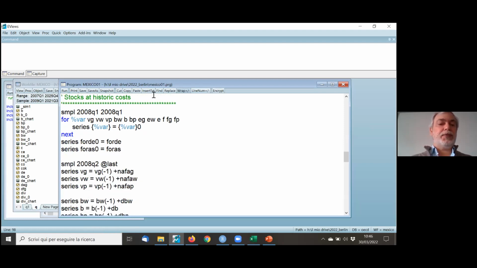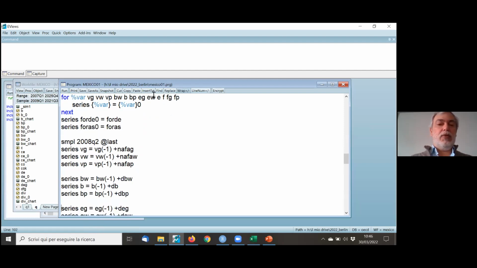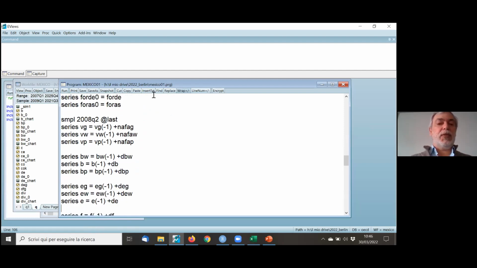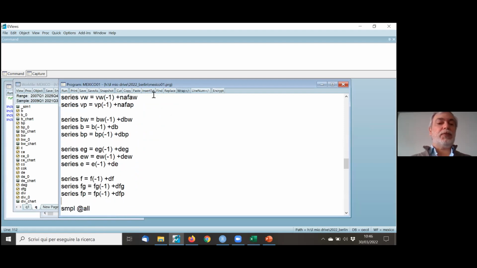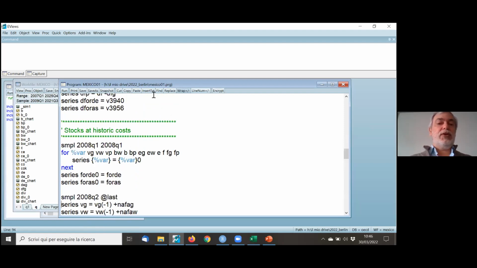And then we can have in here, actually, let's call this foreign debt at historical prices and foreign assets at historical prices.